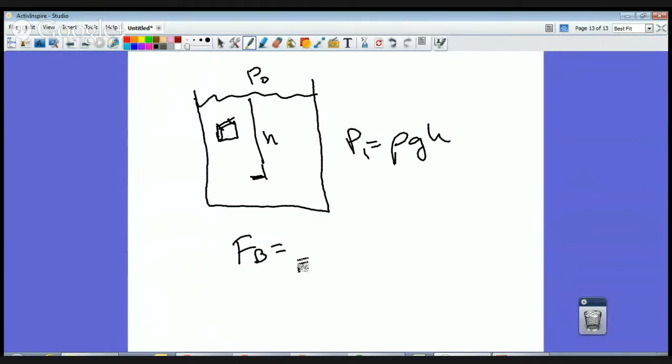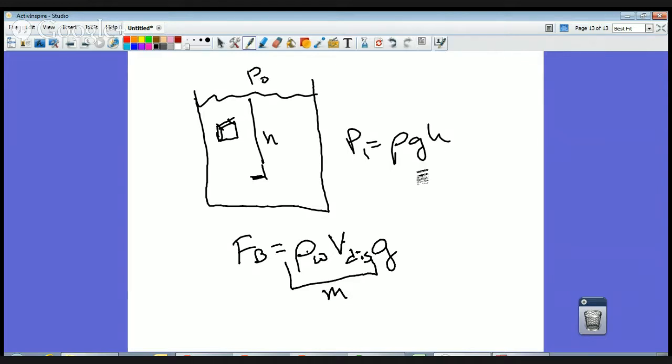So that's going to be rho of the liquid, rho water, times g, times the volume of the object or the displaced water, because it's not always completely submerged, right? Remember, rho density times volume gives you mass.